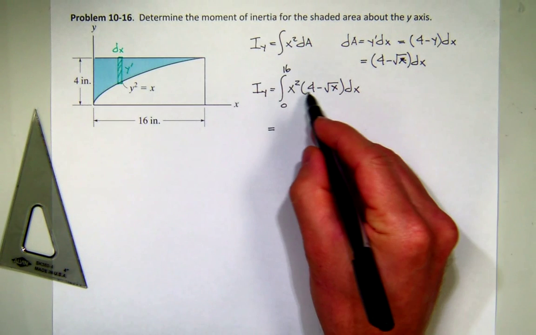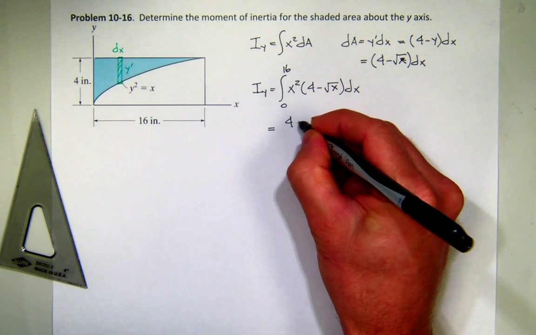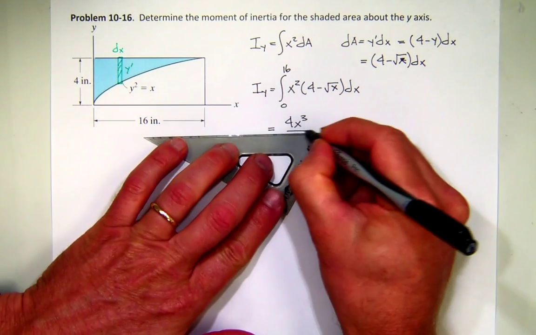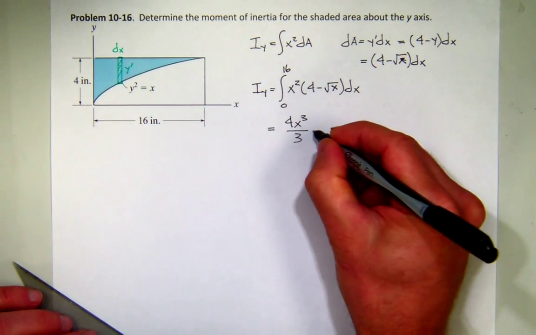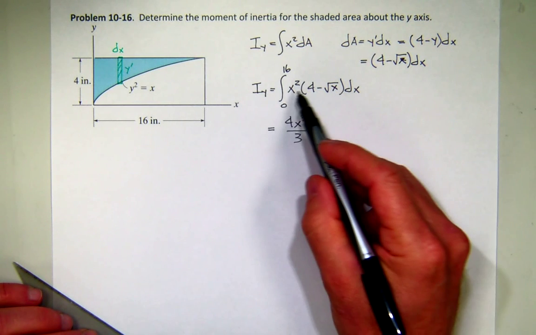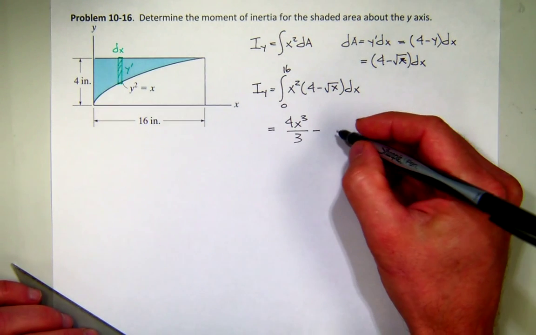In fact, if I pass this through, that'll be 4x squared, so that'll be 4x cubed over 3 for the first term. So this is going to be x to the 2 halves, or 2.5 power, right? Or 5 halves. And then I integrate that.